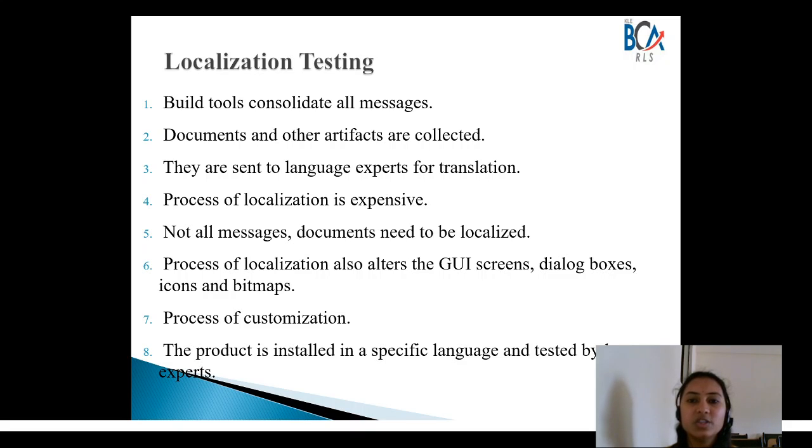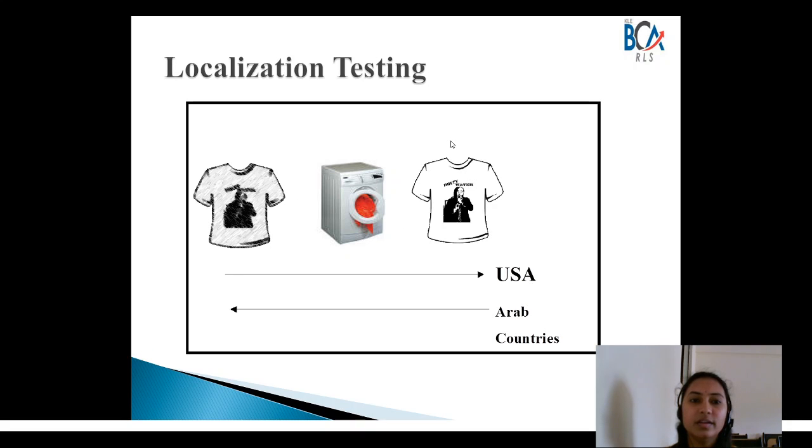Customization is very important, as scrolling direction and reading direction are different in some languages. In this slide you can see the US reads from left to right and Arab countries read from right to left. So what happens if this message goes into different countries?